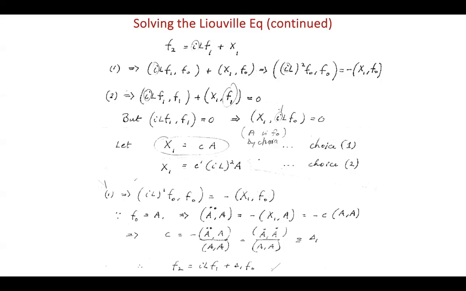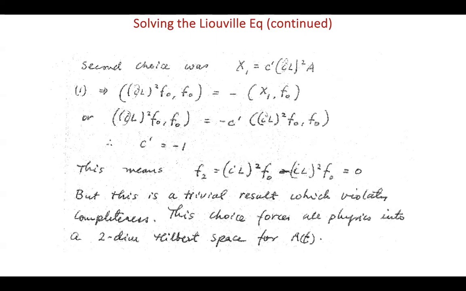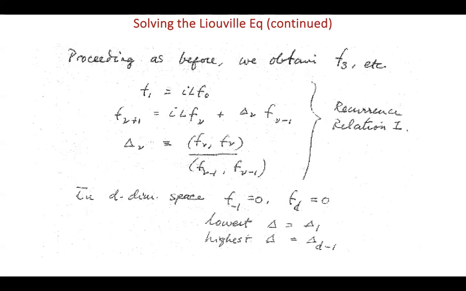So the logic here is that we have no choice but to generalize this approach, this recurrence relation, which is Fn equals ILFn minus 1 plus delta n Fn minus 2. So that's really what we have been trying to show, which propels us to this recurrence relation and this structure of the delta n's. So this is correct actually.